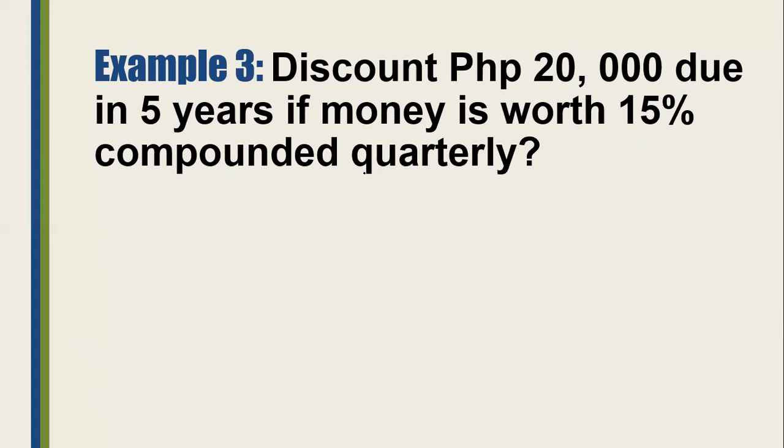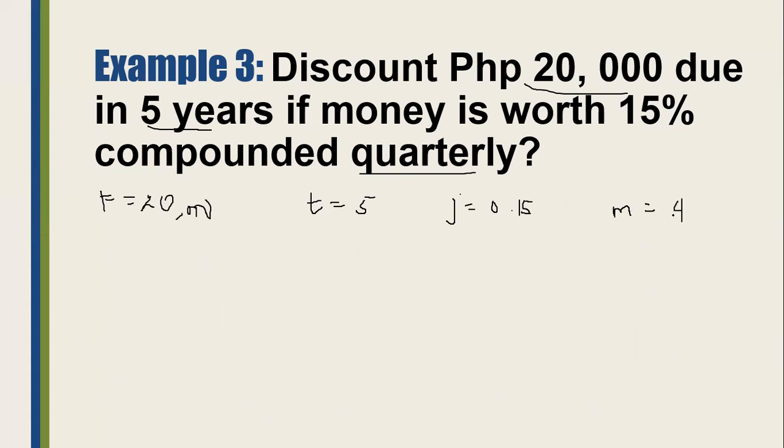Example number 3, same. Compounded naman quarterly. So 20,000 is the final value due in 5 years. So our time is 5 worth 15%, so 0.15 is our J. Compounded quarterly, so M is 4.